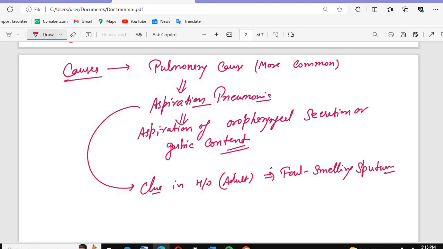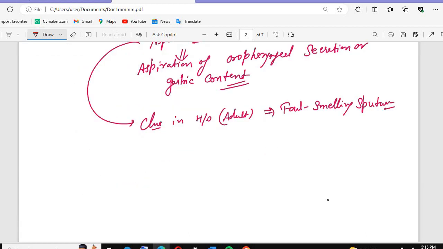One more condition where you see foul smelling sputum is Zenker's diverticulum, where there is a problem with dysphagia. In Zenker's diverticulum, there is some pharyngeal pouching, and whatever food we eat will be stored in that pharyngeal pouch.